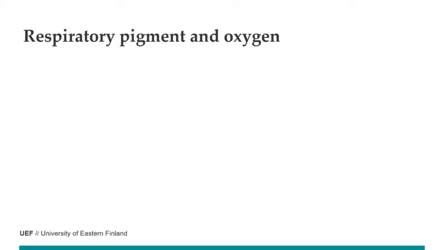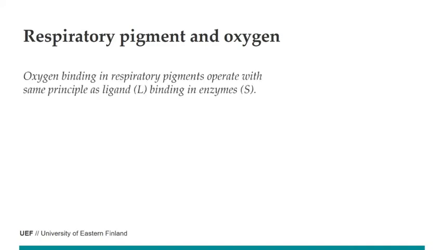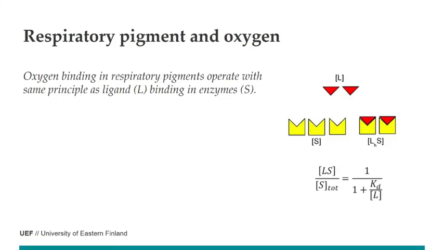And how this respiratory pigment is then interacting with the oxygen, we can think of it the same way as in the beginning of this course with the enzymes. So we have ligands that are binding on enzymes. This time we just think that the ligands are oxygen molecules, and these enzymes or substrates are the hemoglobin.